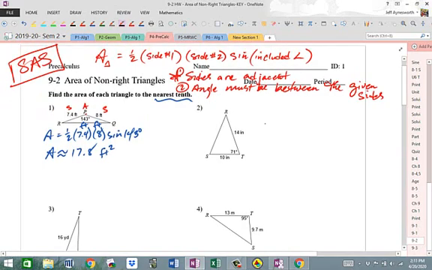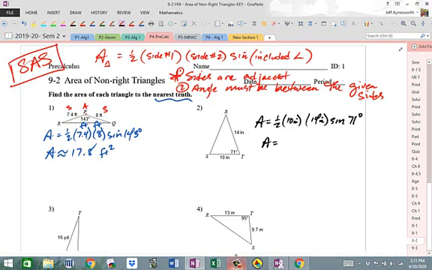It's a calculator problem. On number 2, it's 1/2 times the first side, 10 inches, times the second side, 14 inches, times the sine of the included angle, 71 degrees. Make sure you show your setup, because that tells me that you're doing this correctly and you know what you're doing.